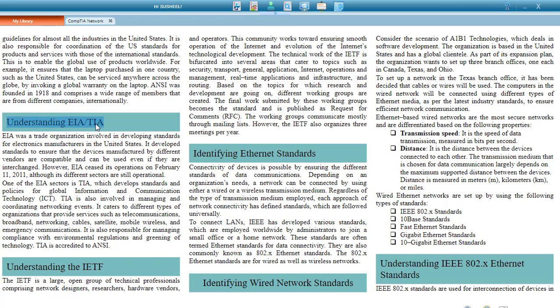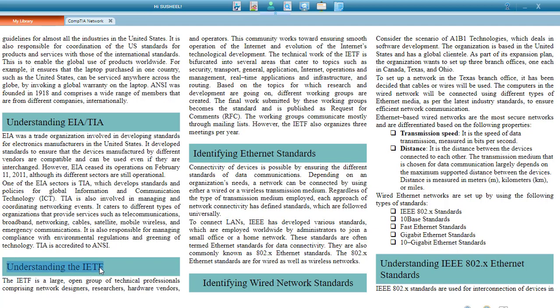This is to enable the global use of products worldwide. For example, it ensures that a laptop purchased in one country, such as the United States, can be serviced anywhere across the globe, by invoking a global warranty on the laptop. ANSI was founded in 1918 and comprises a wide range of members that are from different companies, internationally.